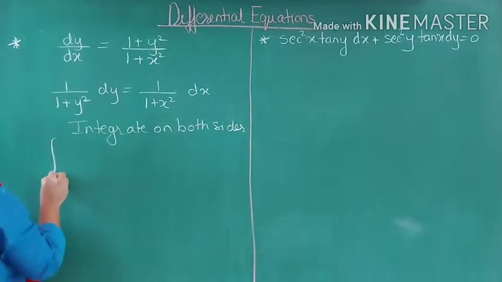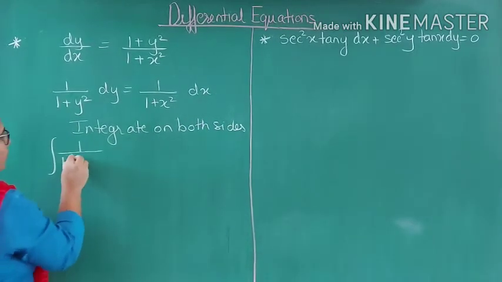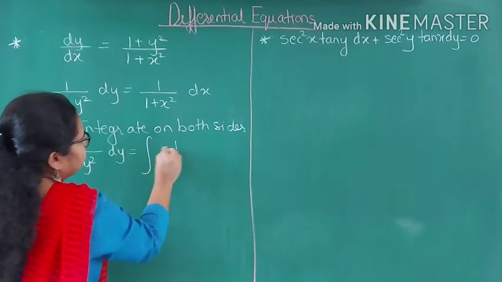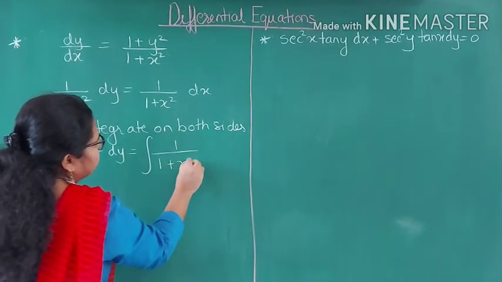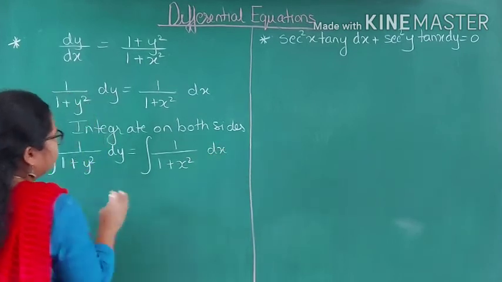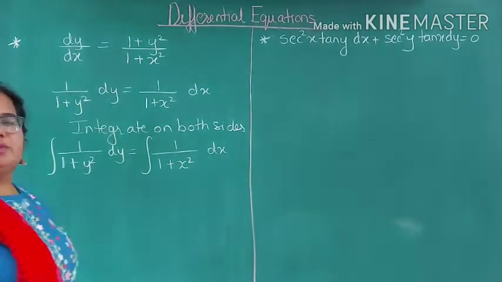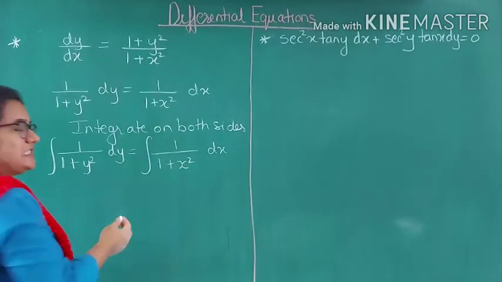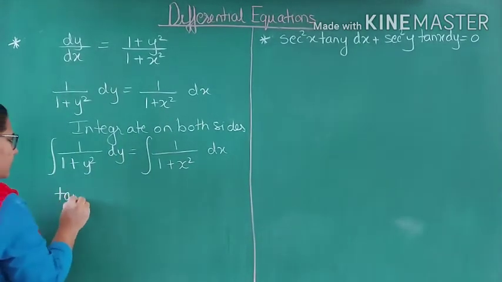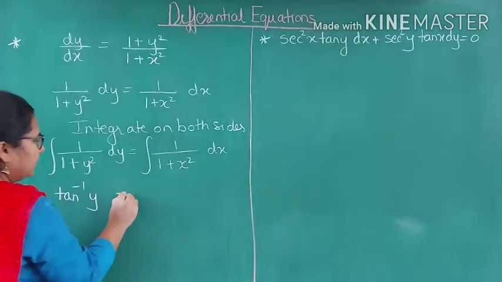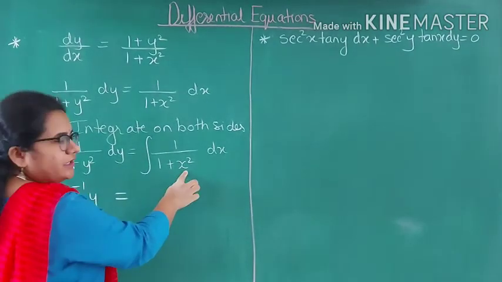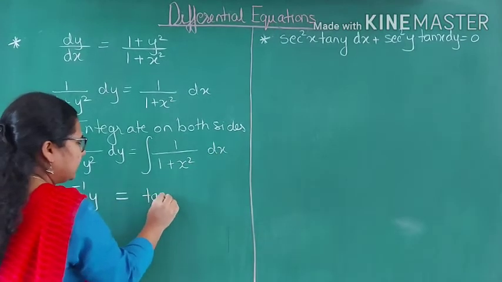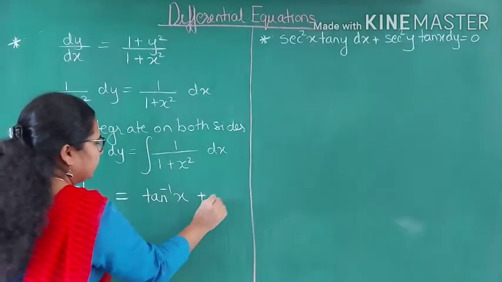So this is integration of 1 upon 1 plus y square dy is equal to integration of 1 upon 1 plus x square dx. So what is integration of 1 upon 1 plus y square? We all know, with respect to dy it is tan inverse of y, is equal to integration of 1 upon 1 plus x square with respect to dx, which is tan inverse of x plus c.